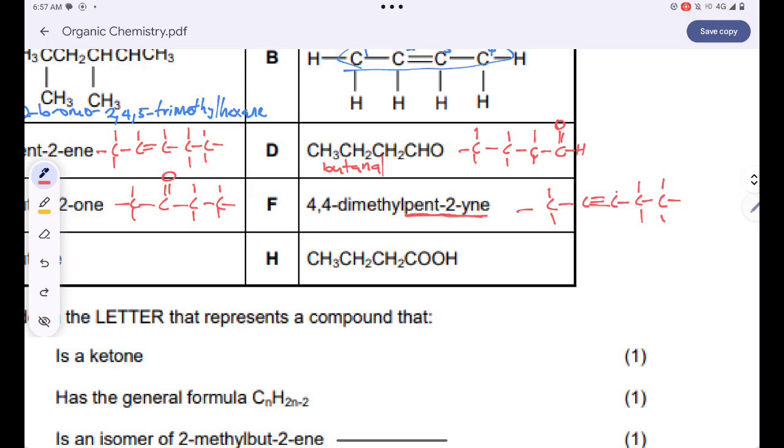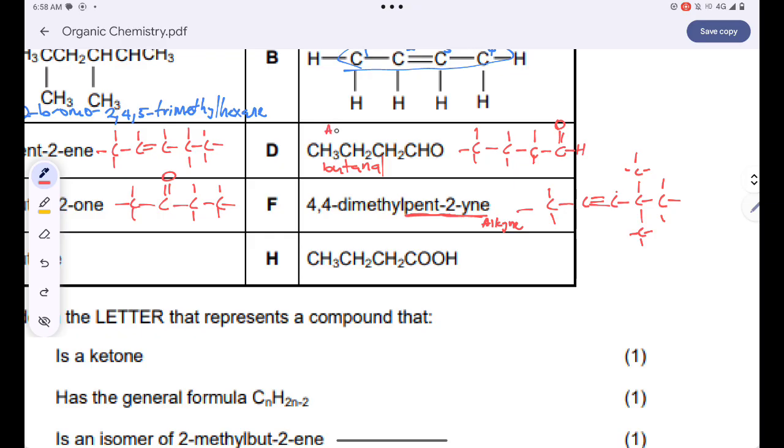Then I'm told that it's 4,4-dimethylpentane. 1, 2, 3, 4. This would be the structural formula, guys, of my 4,4-dimethylpentane, and this is an alkyne, by the way.